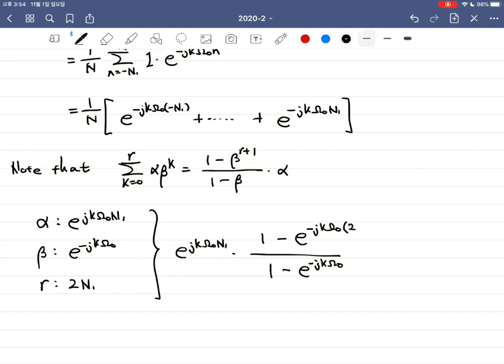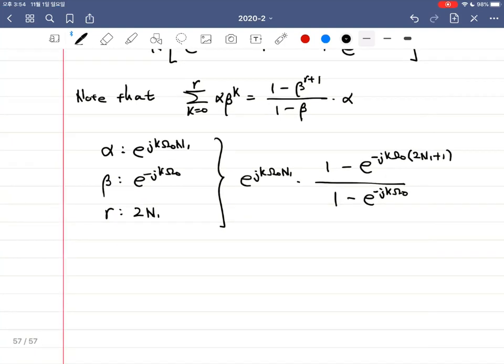So I will have 2 n1 plus 1, like this. Okay, so this equation becomes, we will have the same denominator.